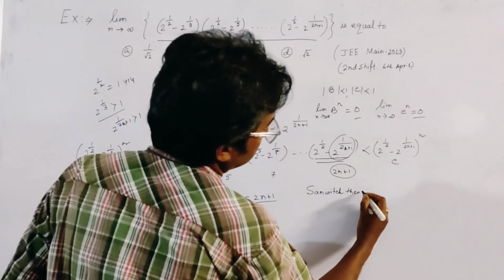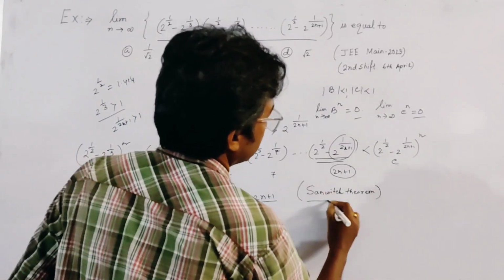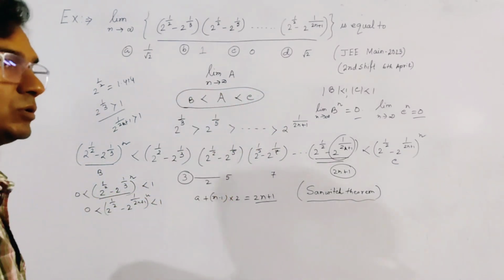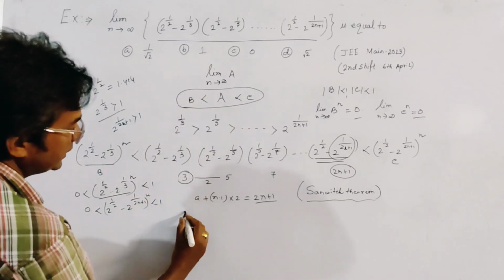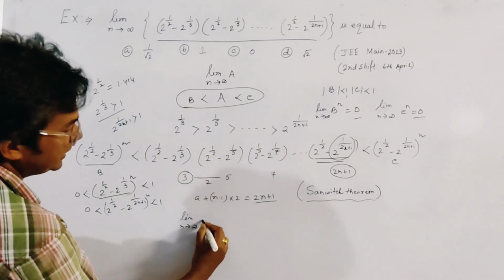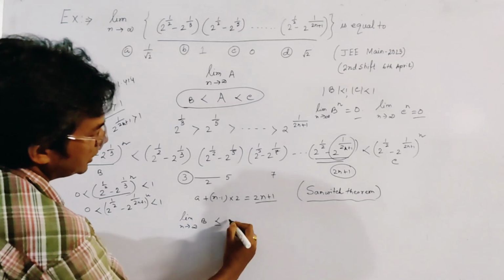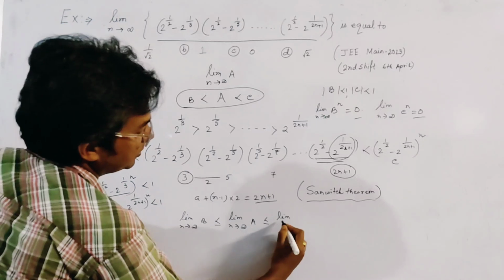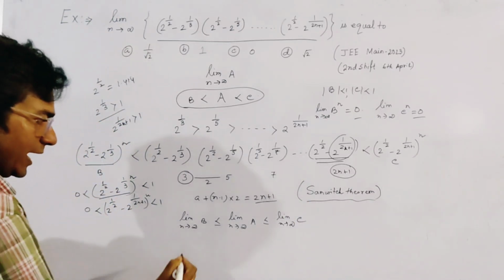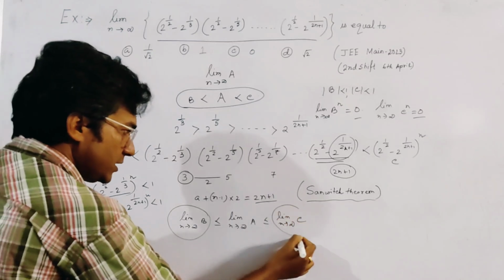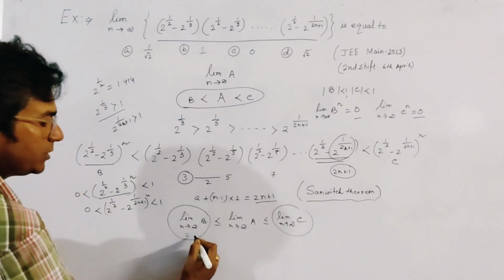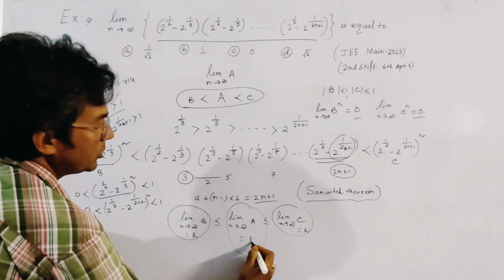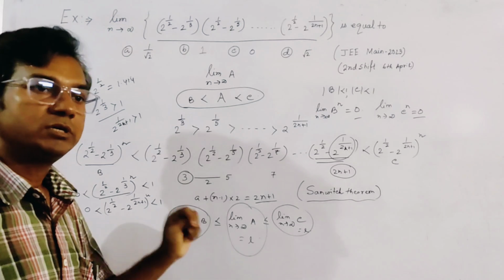We state that if we take limits on three quantities, then limit as n tends to infinity of b is less than or equal to the limit of a, which is less than or equal to the limit of c. If the outer limits are the same, that is, if we get a limit L and this is also L, then the middle limit must also be equal to L. This is the sandwich theorem.